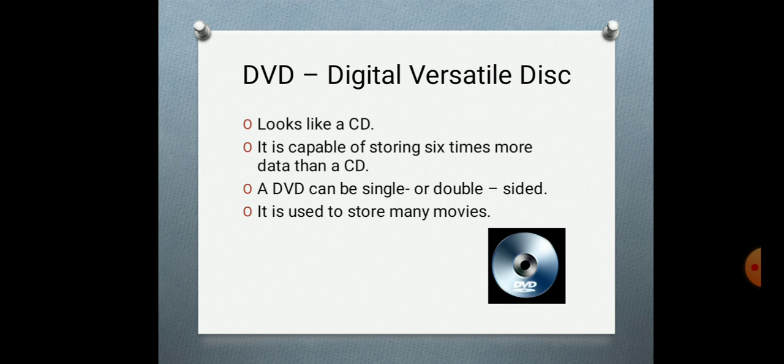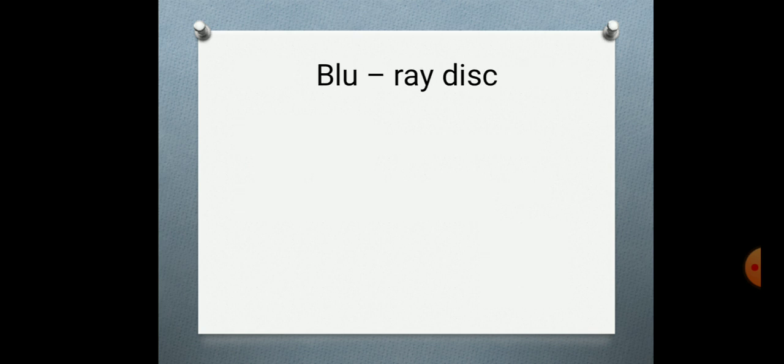The next secondary storage device is Blu-ray disc. Children, note the spelling, BLU. Normally for the color blue we use BLUE, isn't it? But here, Blu-ray disc is spelled BLU-ray, so be careful while writing it.